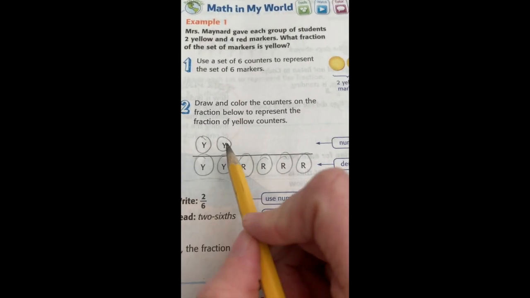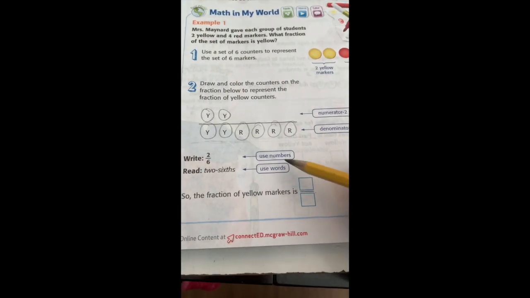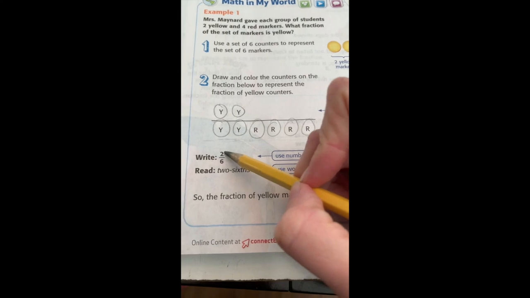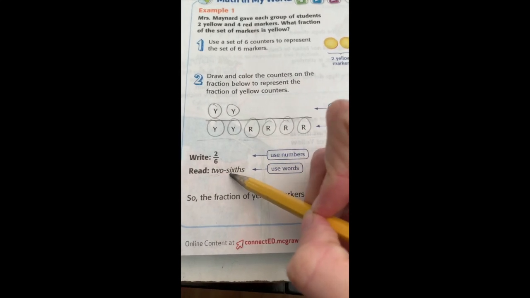We have 1, 2. So we can write it using numbers. We could say 2 out of 6 are yellow, or we can read it as 2/6 of the markers is yellow. So the fraction of yellow markers is 2/6. All right, moving on to example 2.